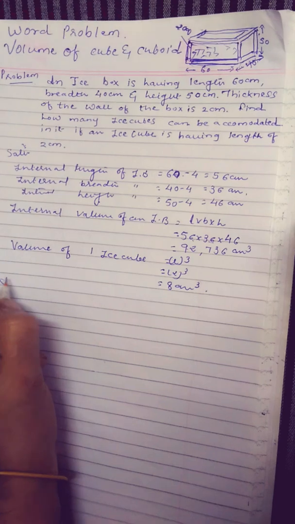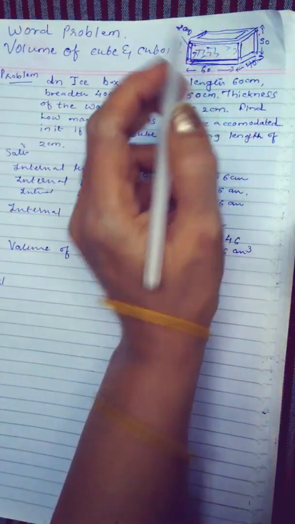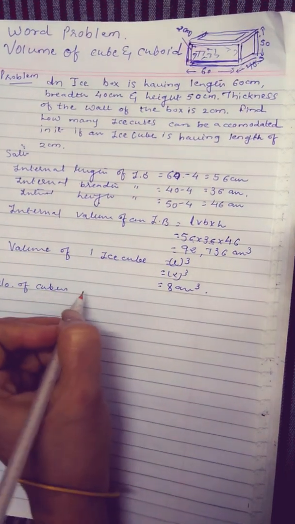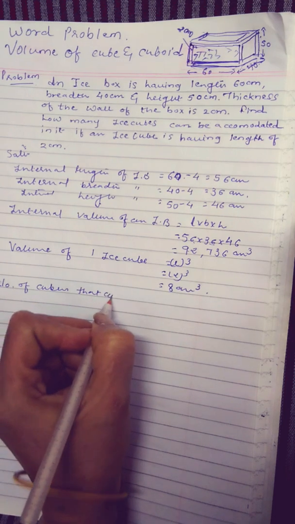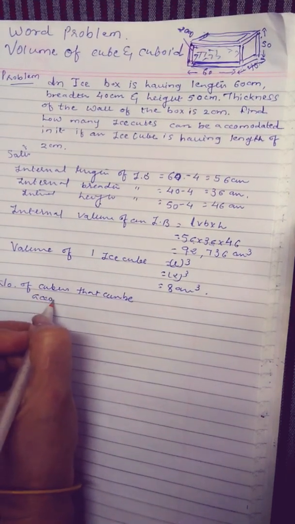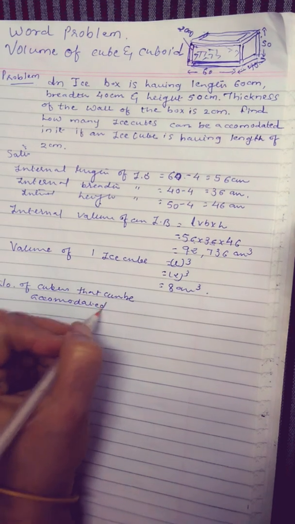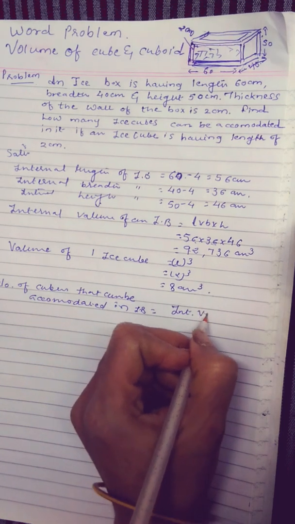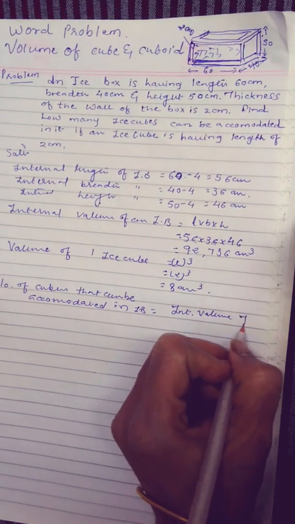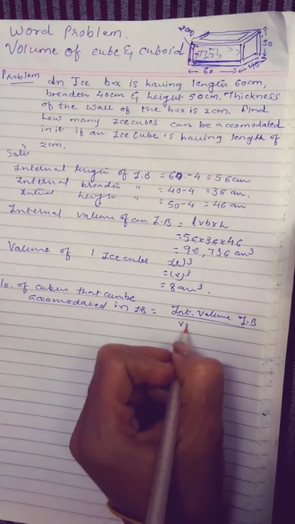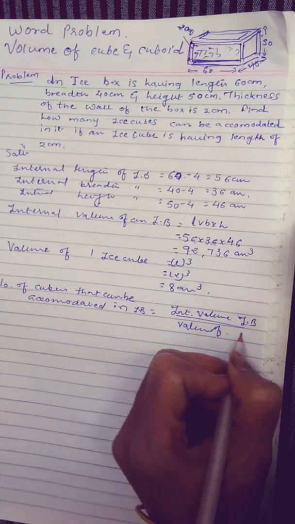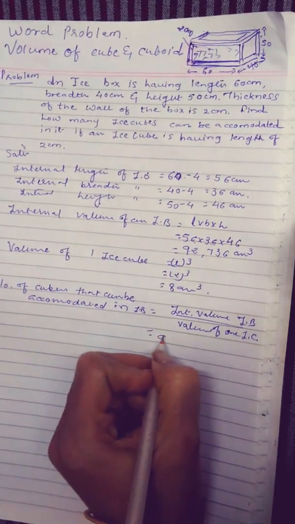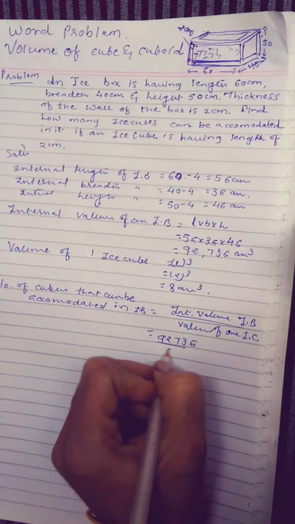Now you have to find out the number of cubes. How many cubes can you put inside this box? So for finding out the number of cubes that can be accommodated in the ice box, it is equal to the internal volume of the ice box divided by the volume of one ice cube, which is equal to 92,736 divided by 8.